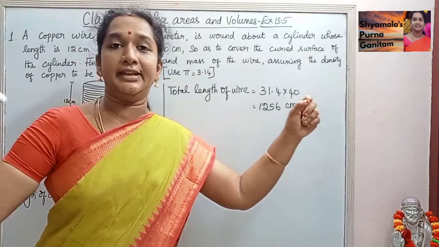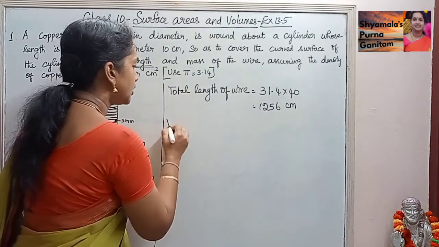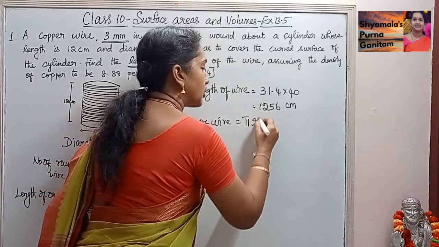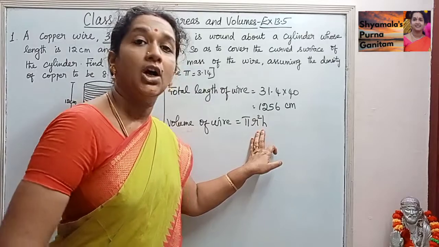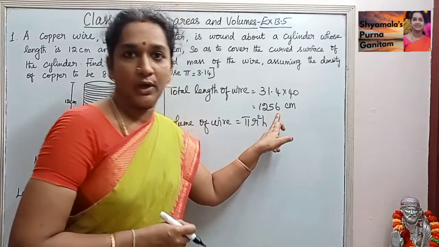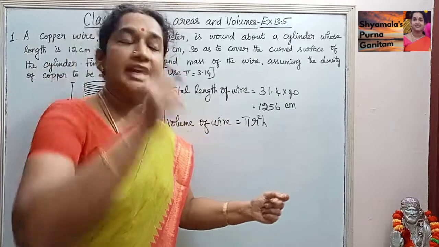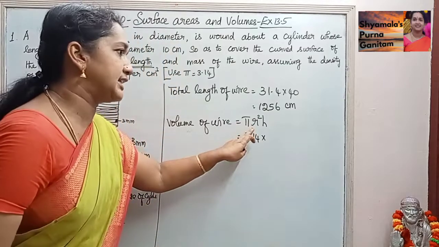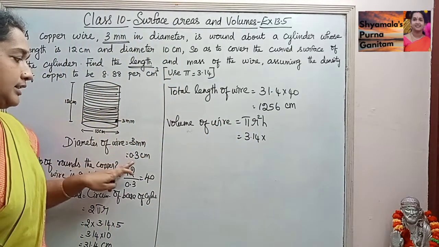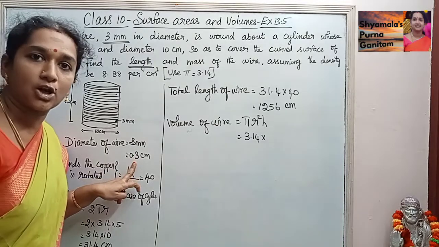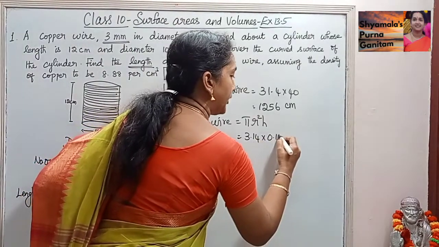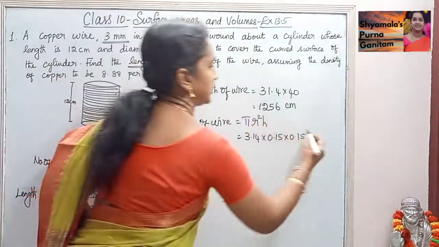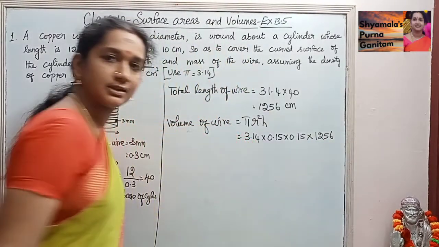Now the other thing they are asking is the mass of the entire wire. The volume of the wire is pi r squared h, where the height is the full length of the wire. So pi is 3.14, the radius of the wire is 0.3 by 2, which is 0.15, so 0.15 into 0.15, and the height is 1256.